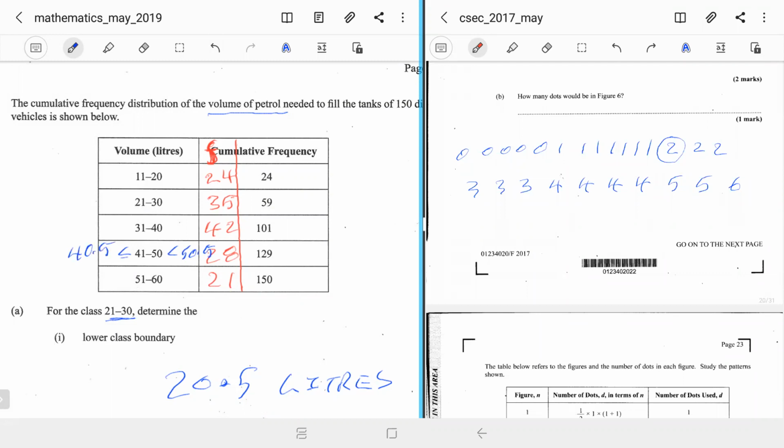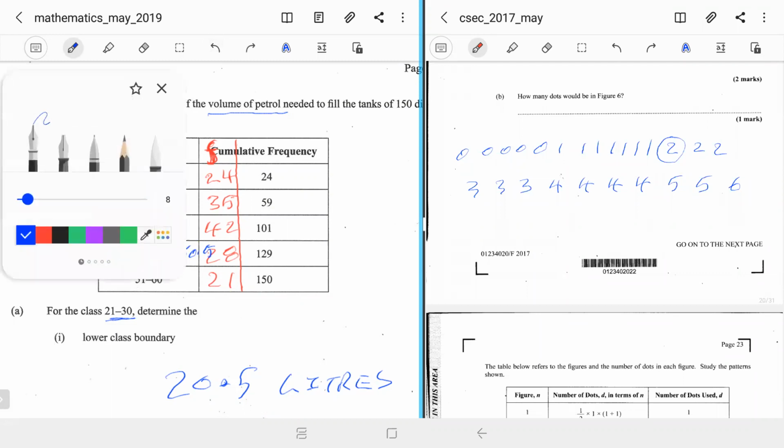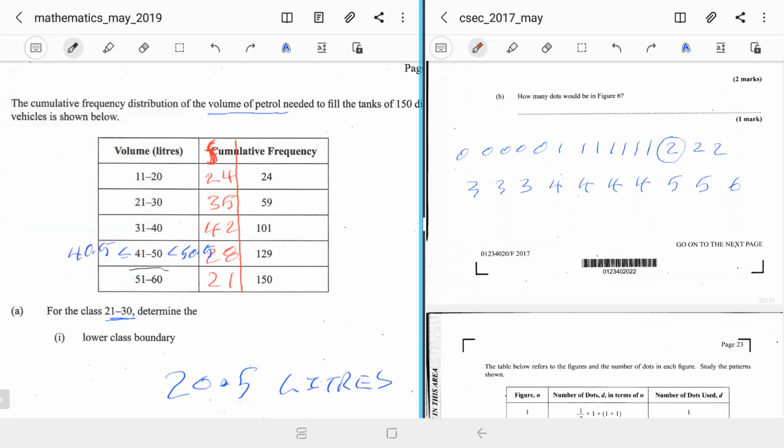So if you want more than 50.5, it has to be these. These 21 cars. These are the measurements more than 50.5, and the number of vehicles there is 21. That's why this column was so important, so you can know the number.